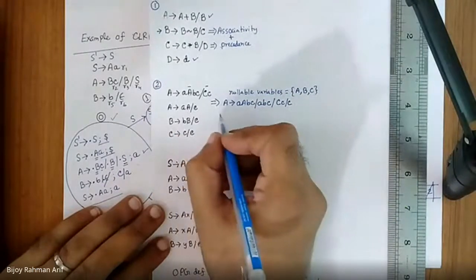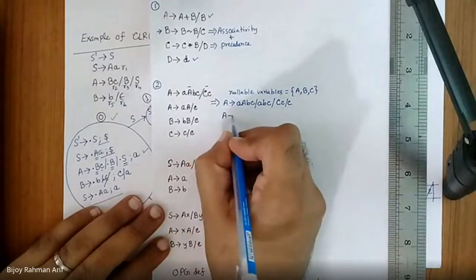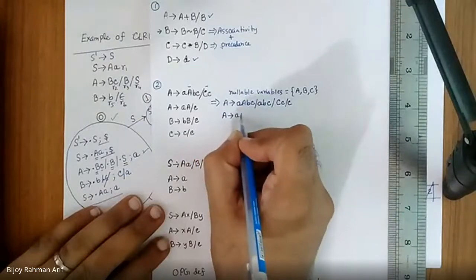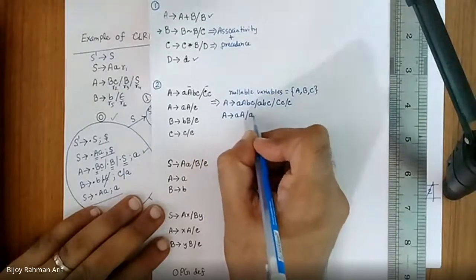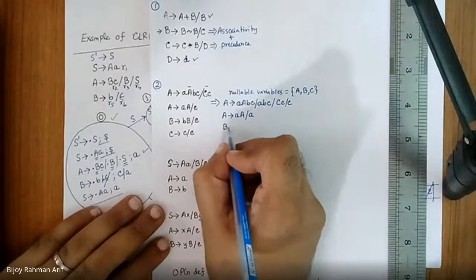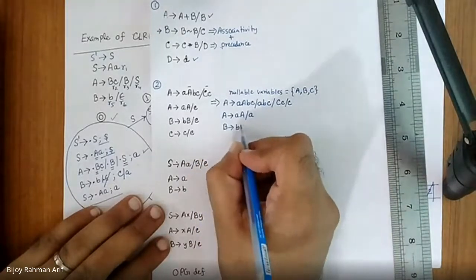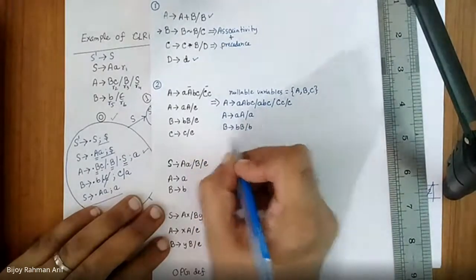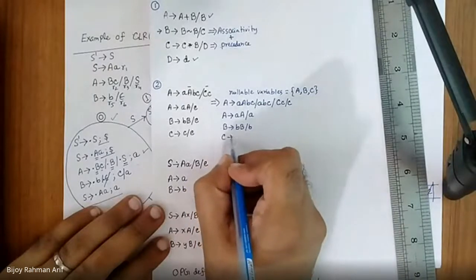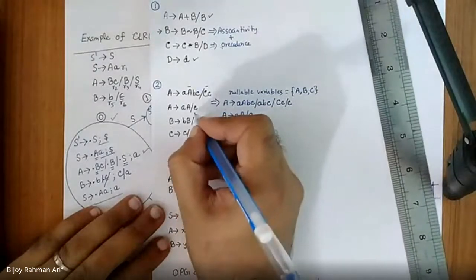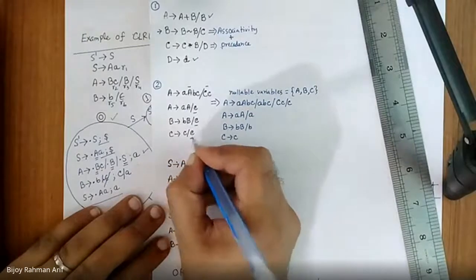Then A derives small a, capital A, or small a. B derives B, capital B, or small b. C derives small c. Then you can remove this epsilon. So this is the solution.